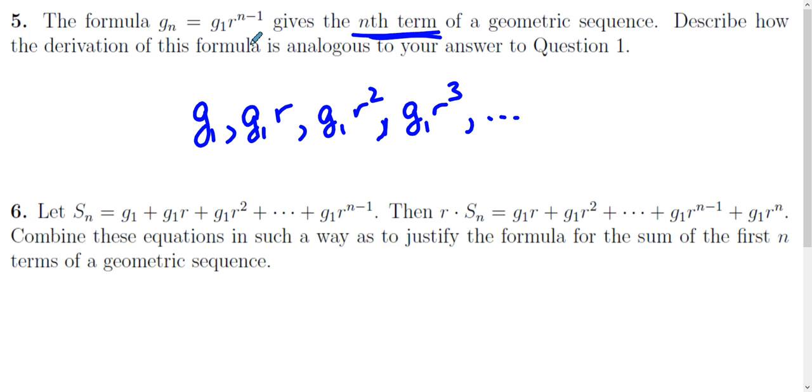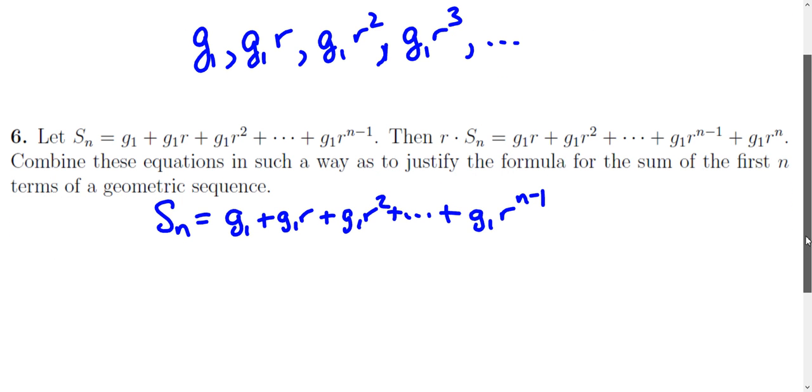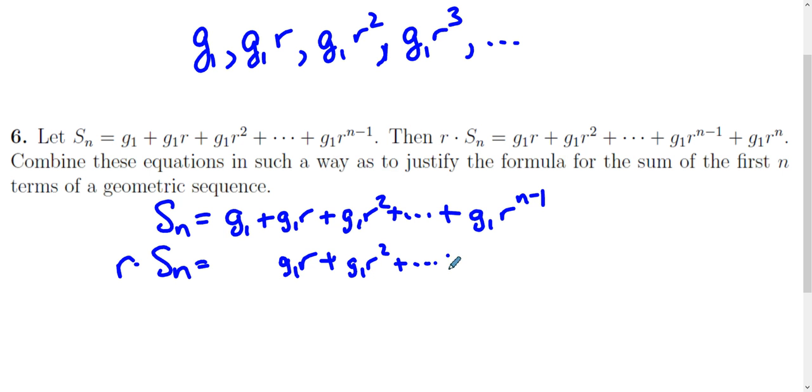So then the question here, what did you do with this last question here? So S sub n is the first term plus, and so on. And then we multiply everybody by r, and I'll just, for convenience sake, put everybody where I want them.